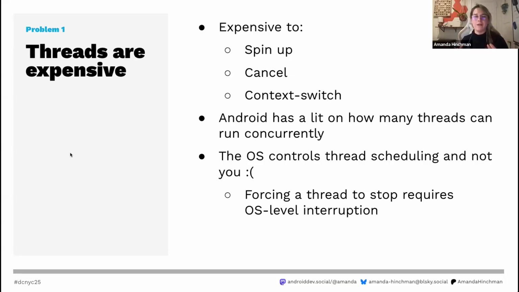So you're already working with the idea that you have a limitation on how many threads you can use. And the OS controls the thread scheduling, not the developer. This makes it really hard to control the life cycle of a thread. Just because you ask it to stop doesn't mean it will. It'll do it when it wants to.